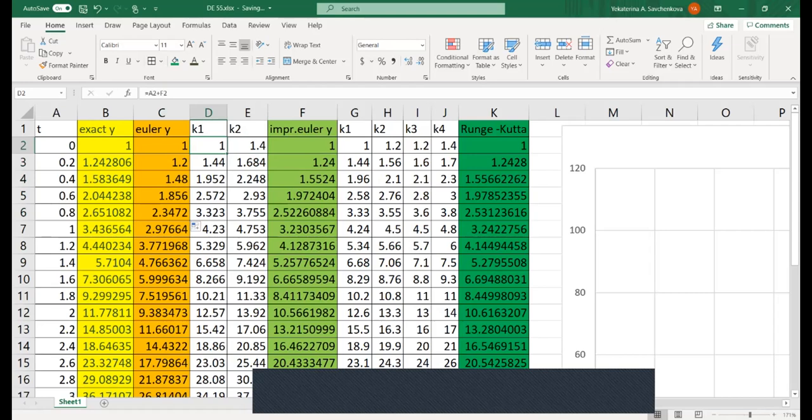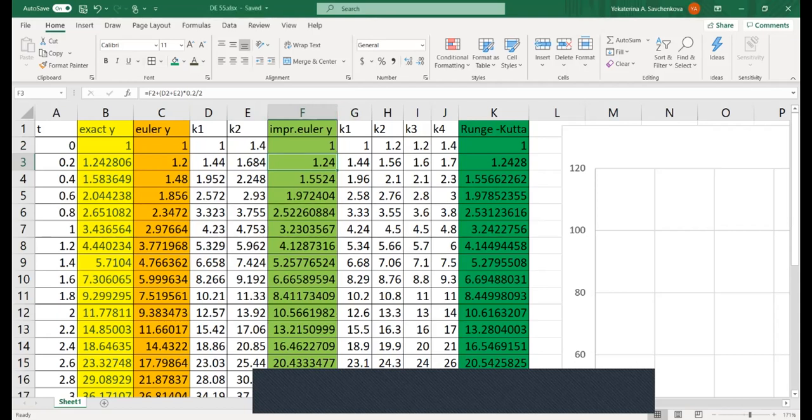So I'm stretching all of them down. If you stretch one down, it's going to give you the one everywhere, right? But here I'm entering the formula, which depends on K1 and K2. So this formula is working with these two numbers, not the next two, but the previous step, right? And then I'm creating two more here by stretching this one down and this one down, and then I stretch all three down here and get some values.